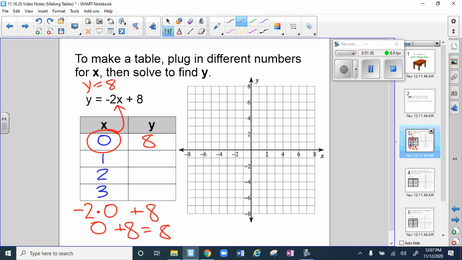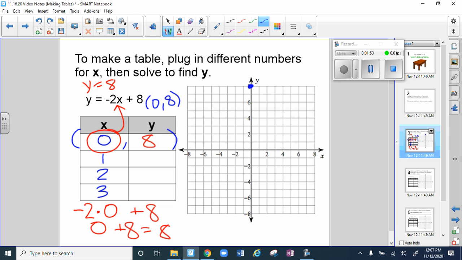So this is a solution to my equation, 0, 8. So I'm using my table to help organize these solutions. I can also use this table to plot the point on my graph. So I have 0, 8 directly from my table, and I can plot that on my graph. So 0, 8.